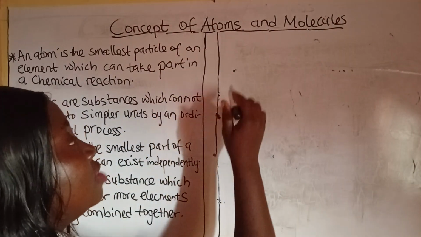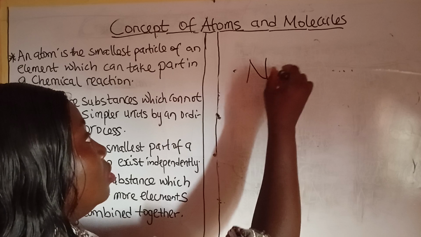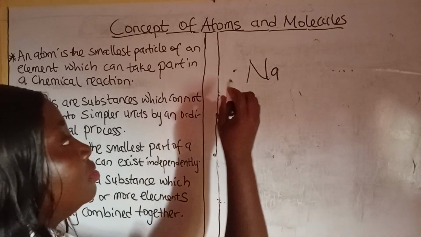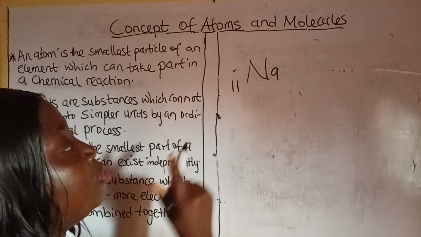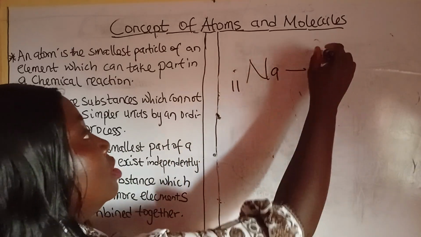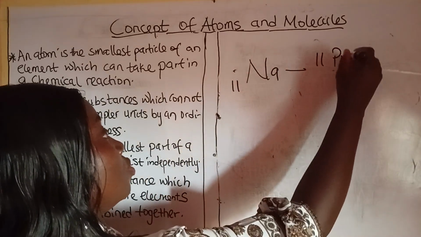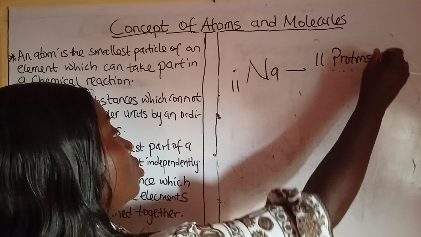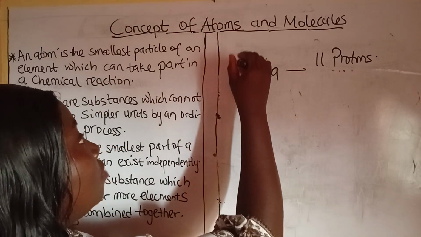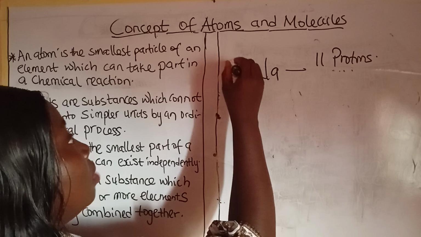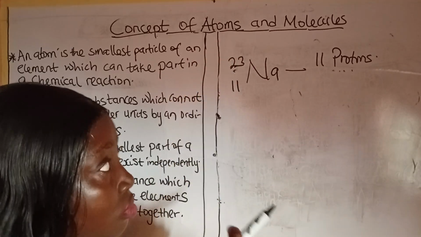Using sodium as an example, with atomic number 11, it means that sodium has 11 protons, atomic number 11, and mass number 23.